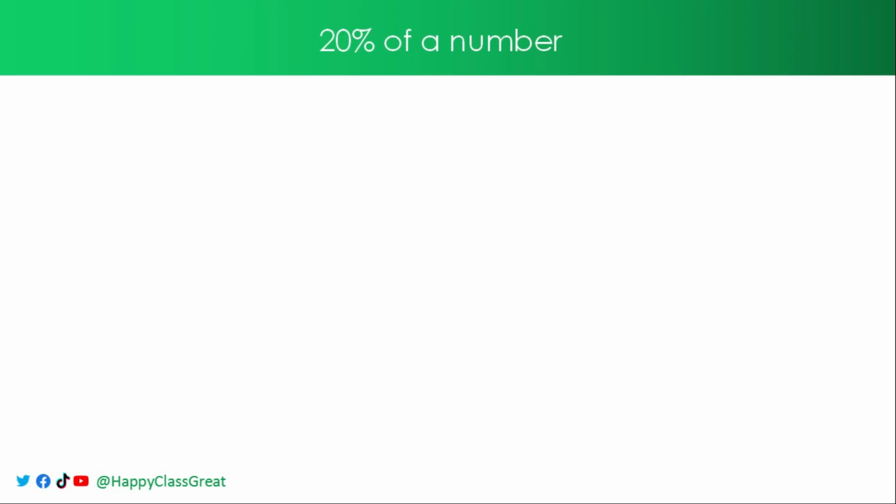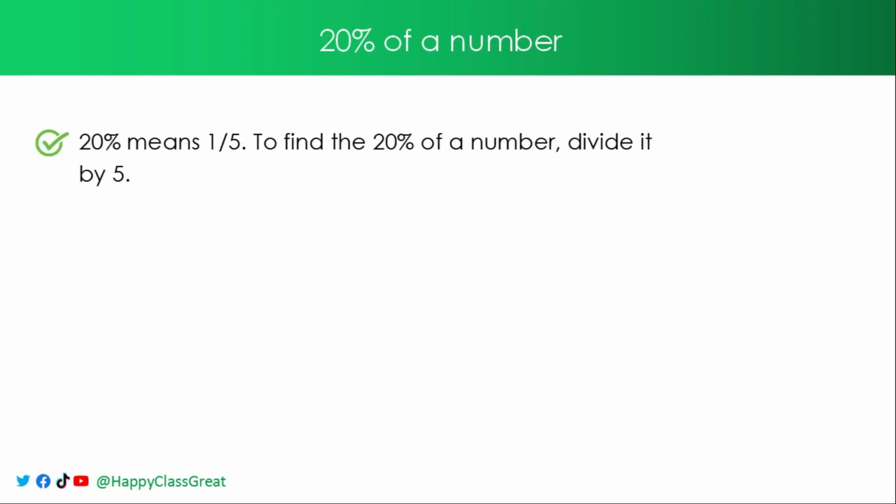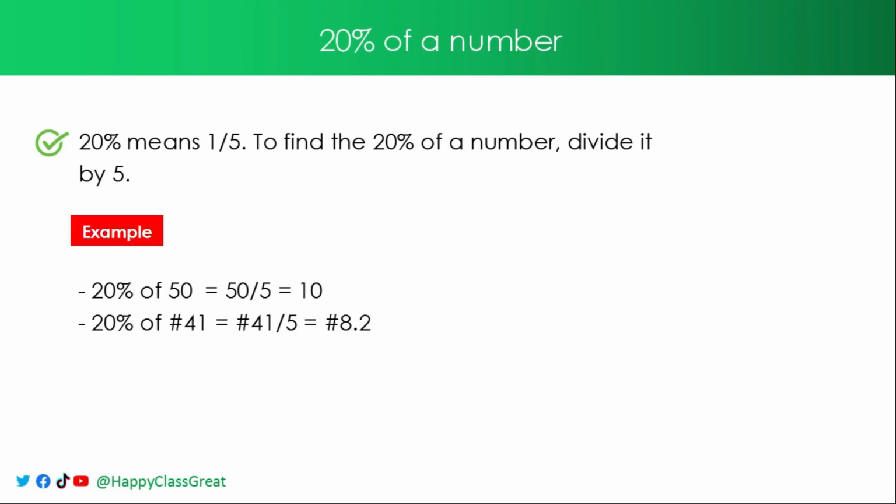How do you know 20% of a number? Now 20% means 1 over 5. It is called 1/5, you understand. And to find the 20% of a number, you divide it by 5. For example, if you are asked to find 20% of 50, that means 50 divided by 5, that will be 10. And if you are asked to find the 20% of 41 naira, that will be 41 naira divided by 5, and that will be 8.2 naira.